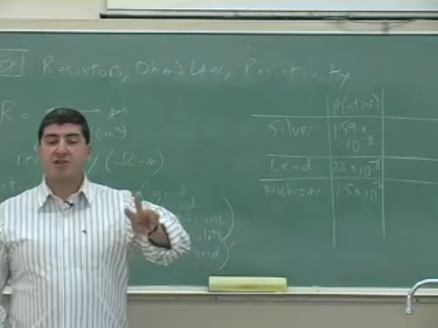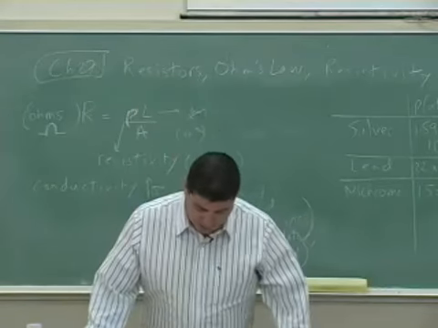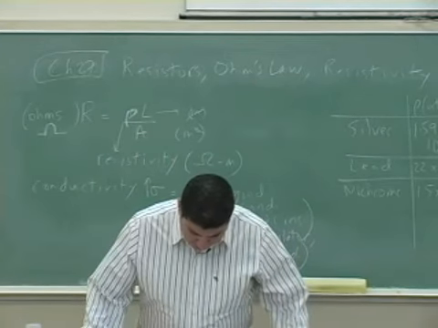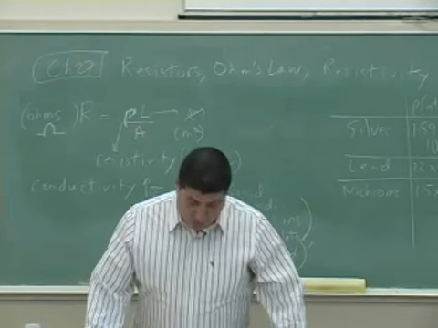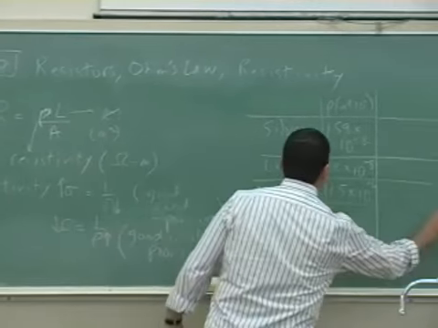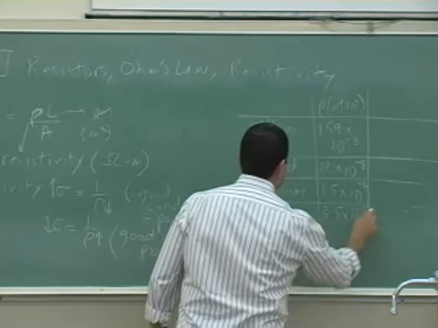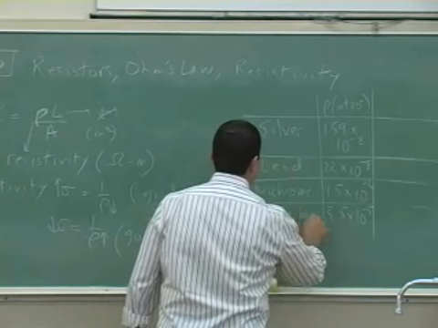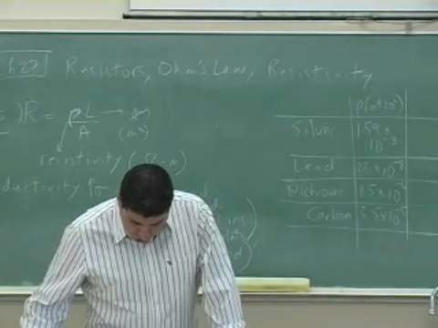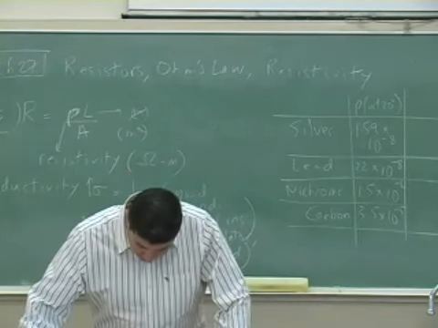So notice now this is 100-fold bigger than any of the other metals. Carbon is 3.5 times 10 to the negative 5. Now the numbers are getting bigger. And then we got germanium 0.46, silicon 2.3 times 10 to the third.